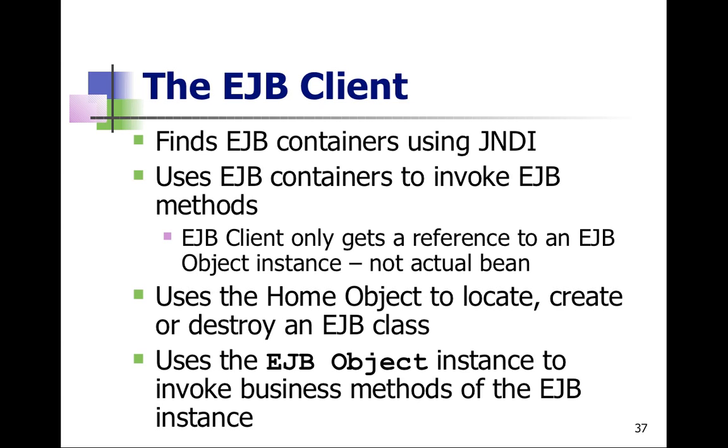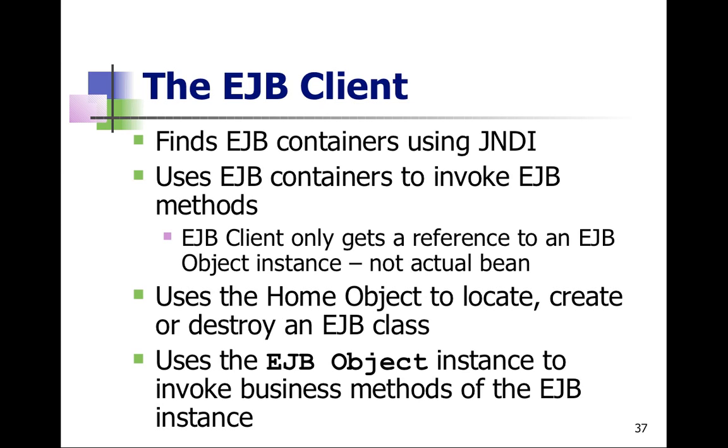It's a lookup service. It uses containers to invoke bean methods. The client only gets a reference to the object instance, not the actual bean. Well, what does that mean? It's the same thing if you think about it. It can't change the bean. The bean is not mutable.